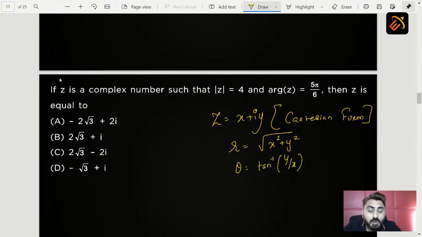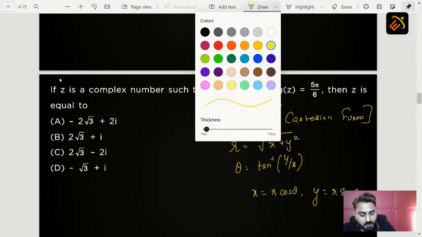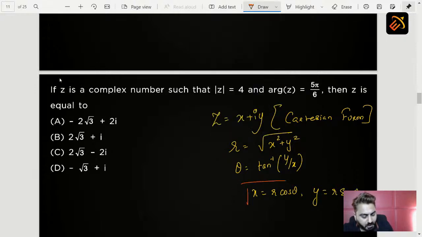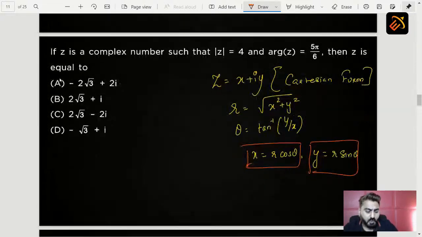If you have read trigonometry carefully, then in trigonometry we were taught that x is equal to r cos theta and y is equal to r sin theta. Most important thing to remember students, if you remember these two values then you can easily convert into your polar form. So the moment you get x and y value, you can directly substitute in your Cartesian form.